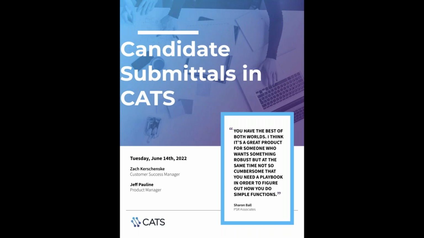It also lets you send emails, send text messages, communicate, create calendar events, that type of thing, and also submit candidates, either to hiring managers or to what we call contacts or clients within your system.